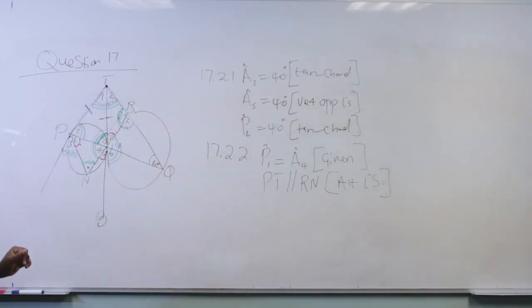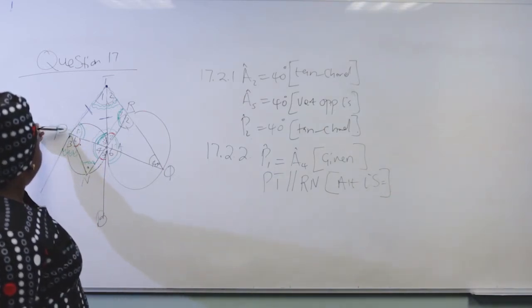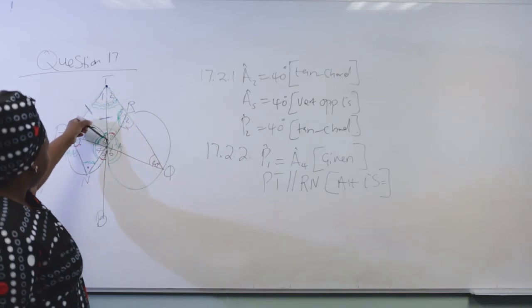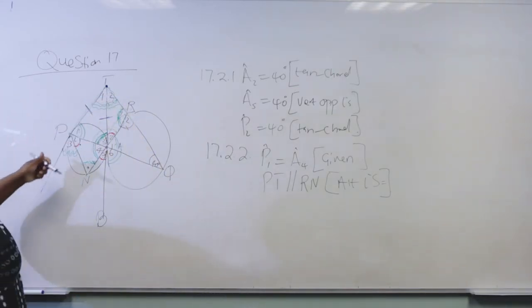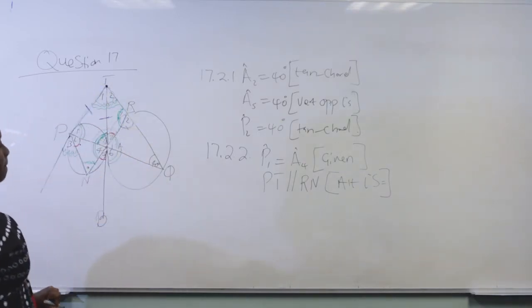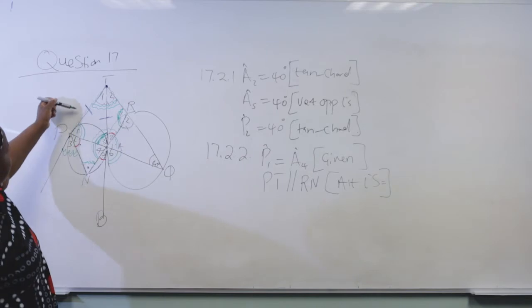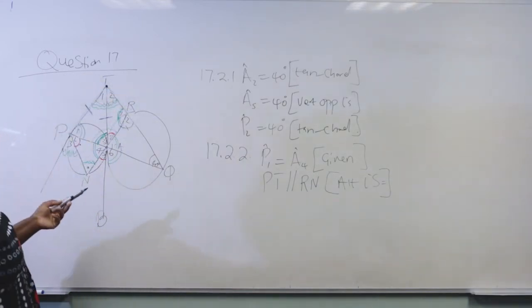So let's check. Looking at shape PTRA, we have realized that T is equal to R2 because PT is parallel to RN from the given statement.